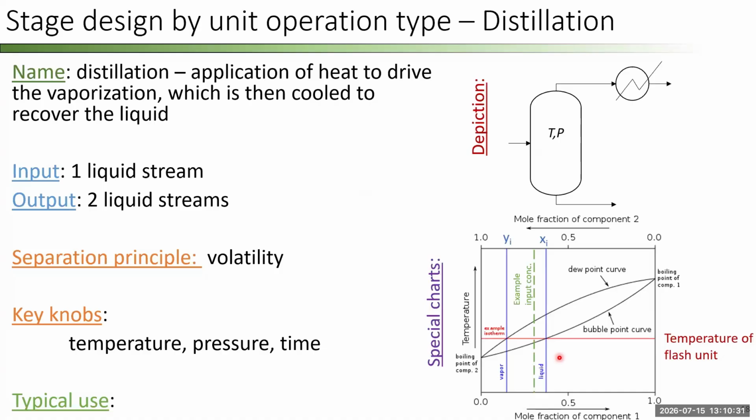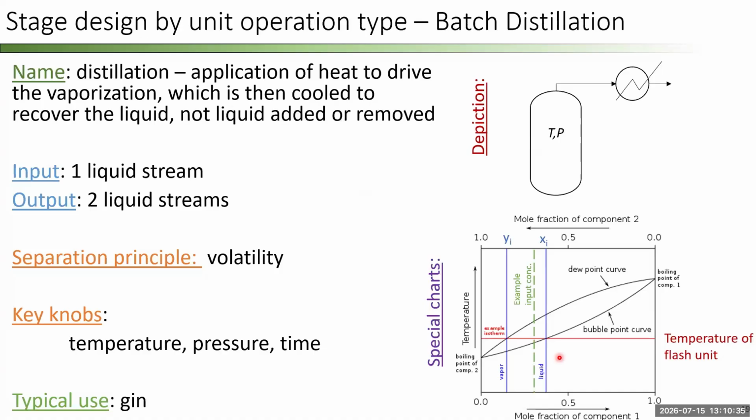And now I'm going to talk a little bit about different types of distillations. The first one is the batch distillation process. In this case, we still have a tank. We're going to heat it up, driving a formation of a vapor phase, which is then cooled to get our desired product.